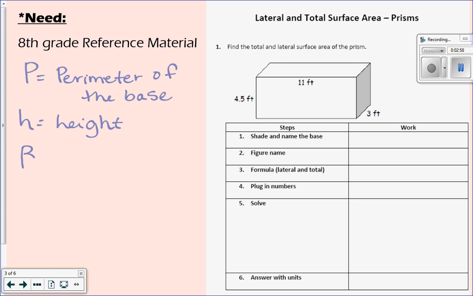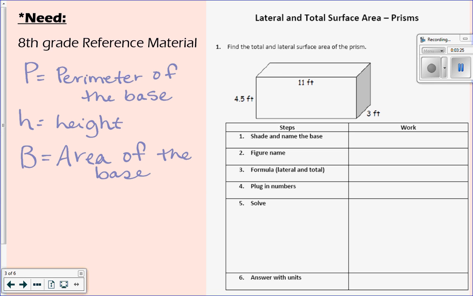Remember, we labeled everything with a capital B yesterday. What do you think a capital B stands for? Base. It does represent base, but more specifically, what did we do with the base yesterday? Determine the area, right? Surface area. Yeah. So capital B is area of the base.